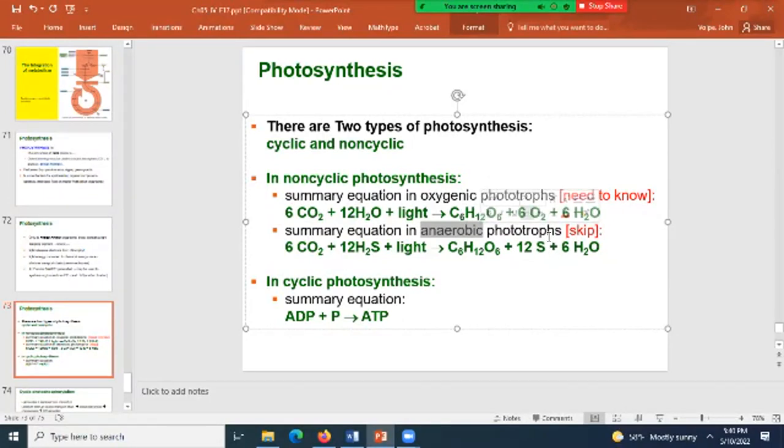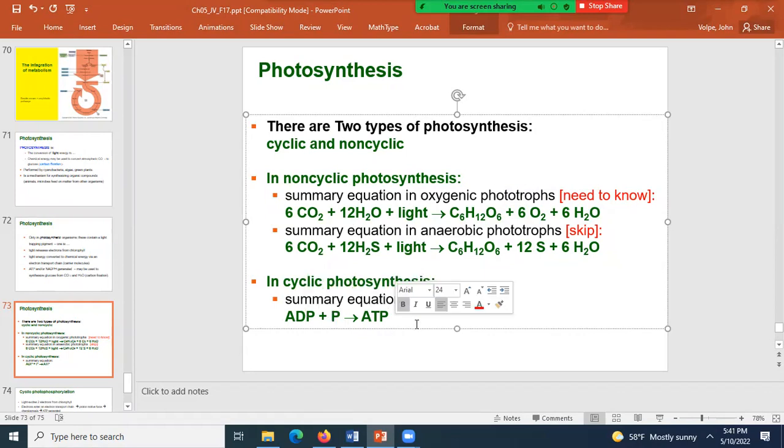We're not going to talk about it further, so don't memorize it. You should know, however, that besides non-cyclic photosynthesis, we also have cyclic photosynthesis. In cyclic photosynthesis, the cell only makes ATP from ADP and inorganic phosphate.